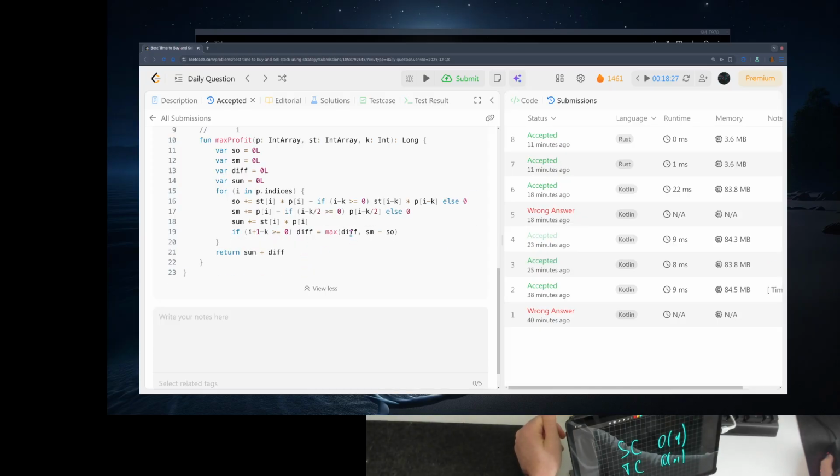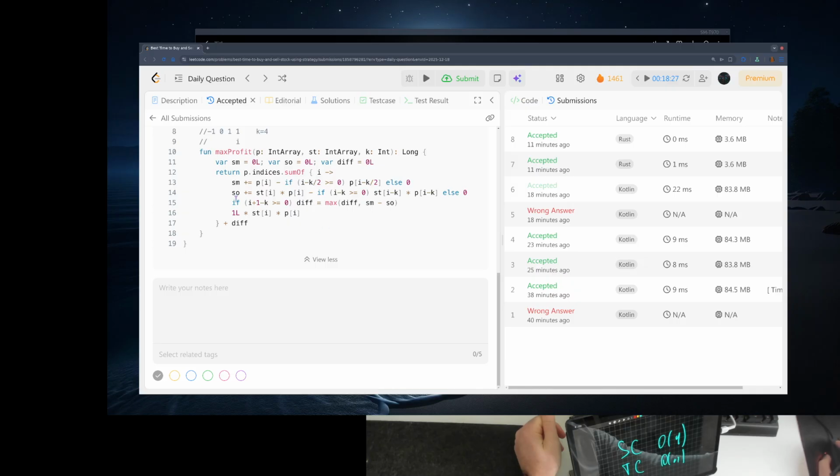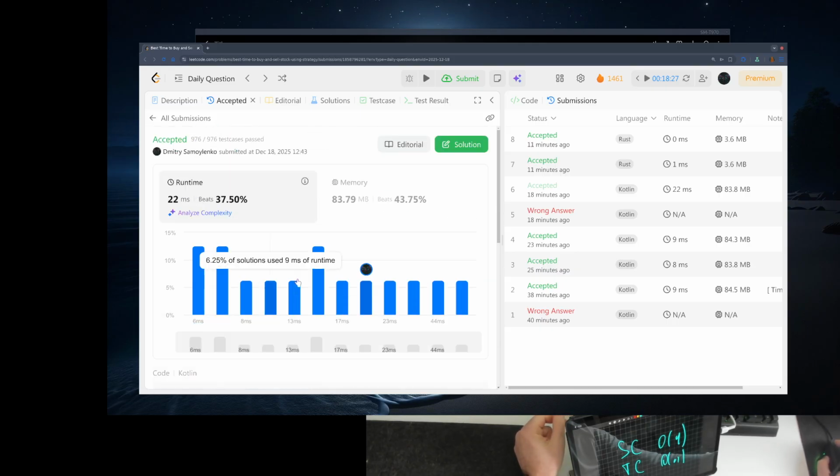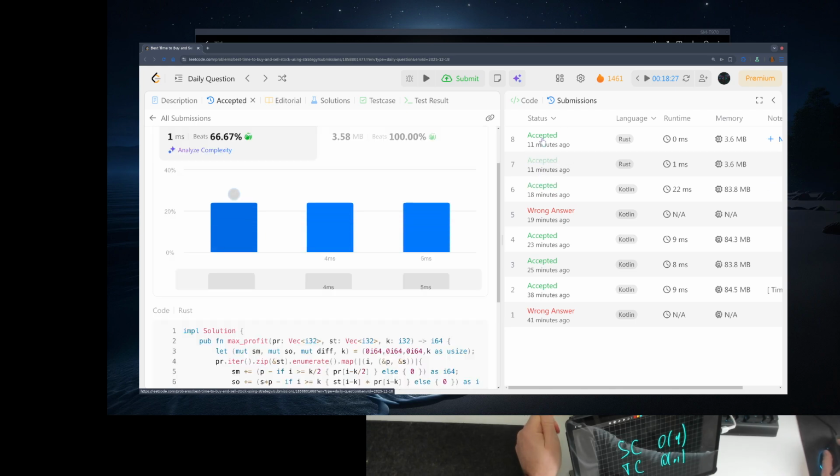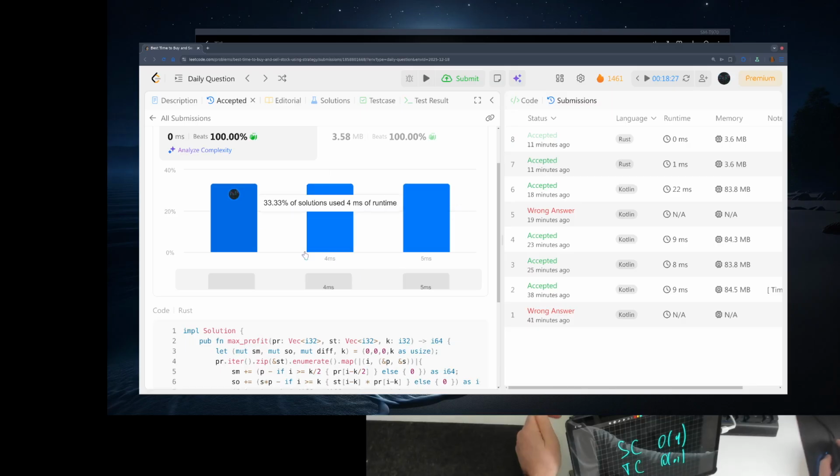And this is the compressed version. You can save one variable with just the sum operator. It's just for fun, but in Kotlin it takes 22 milliseconds compared to just 8. And in Rust it doesn't make it worse.